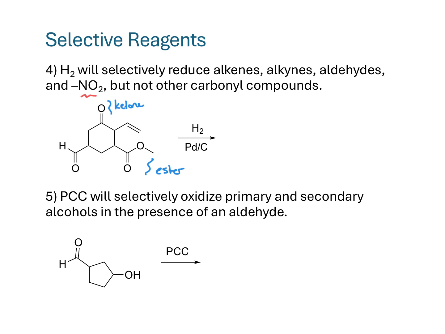What it will reduce is the alkene. It will also reduce the aldehyde. So in this molecule, it's selective for those two functional groups over the ketone and the ester.